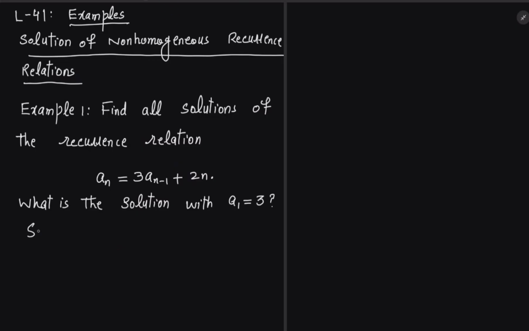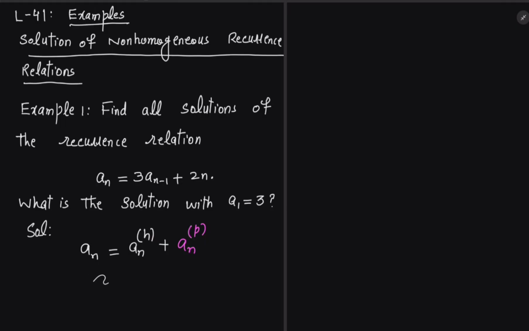So what I am saying is that the solution an of this non-homogeneous recurrence relation can be obtained when you get the solution of the homogeneous part and then you get a solution of the non-homogeneous part. Yes, this is a particular solution. So we try to find these two solutions and then we get a solution of the non-homogeneous recurrence relation.